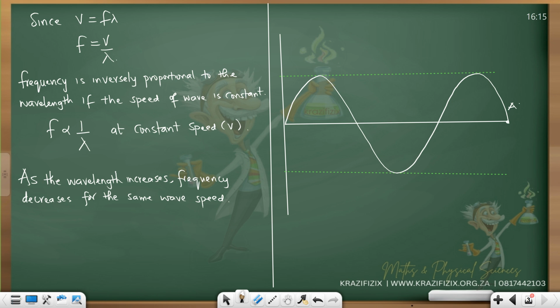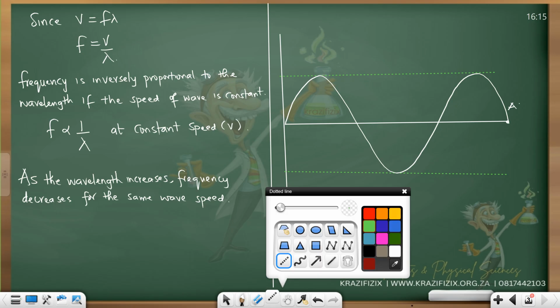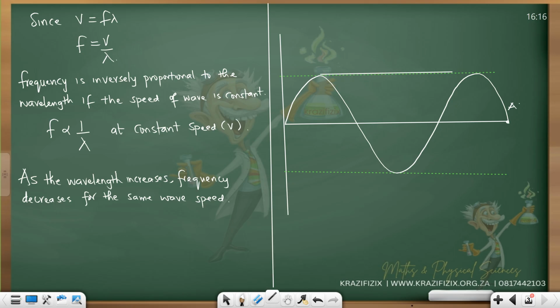They want to test what you know. This becomes the wavelength of A, from the crest to the crest.